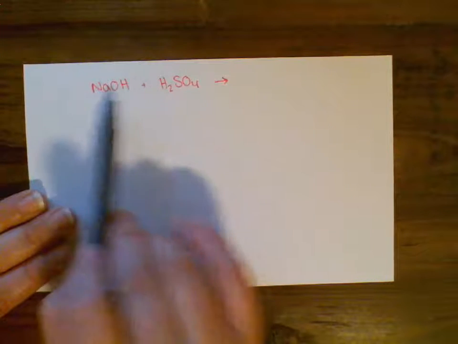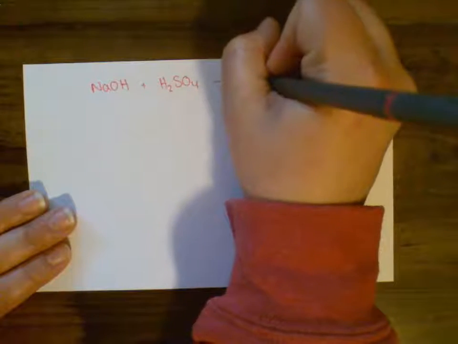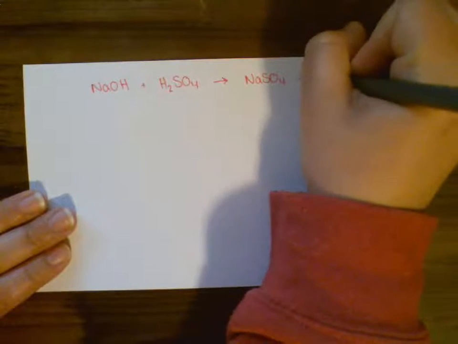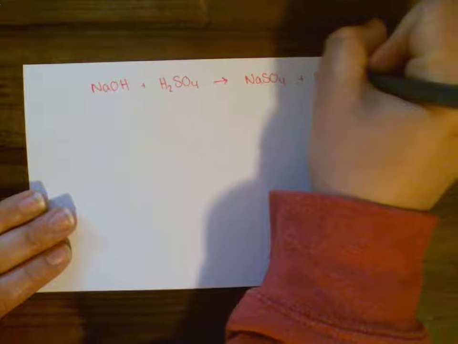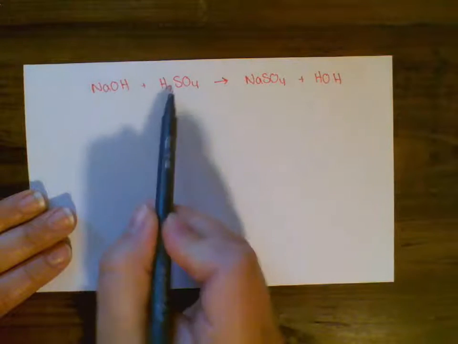So I know I'm going to switch my cations here. In this case, that's sodium and hydrogen. So I'm going to have NaSO4 plus HOH, which is water, but it's easier if I write it as HOH because I can see where each part's coming from.